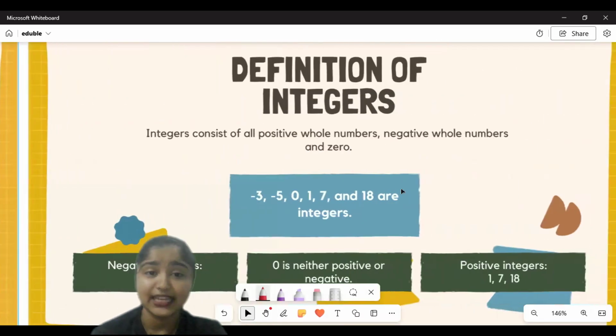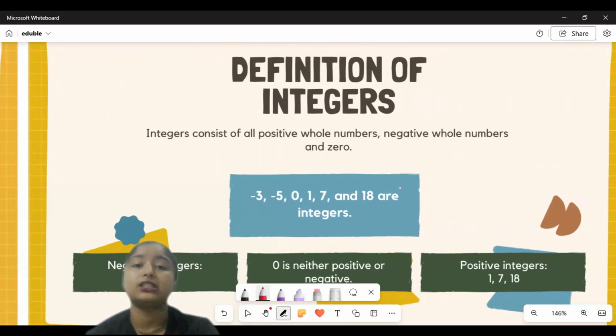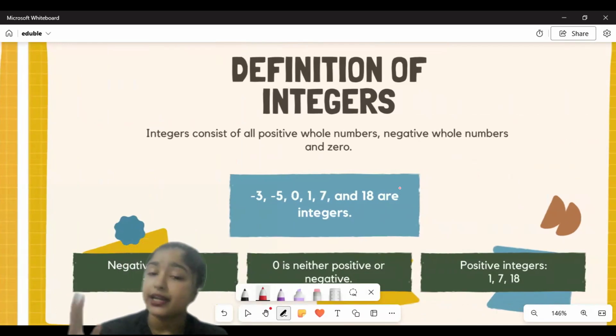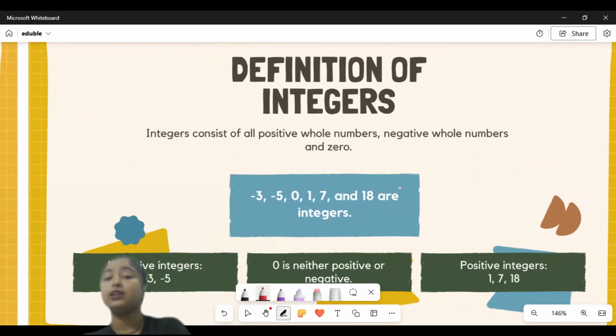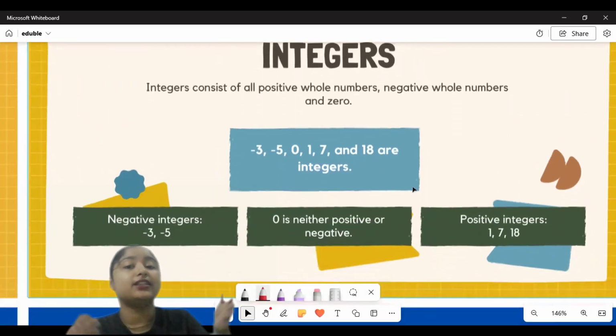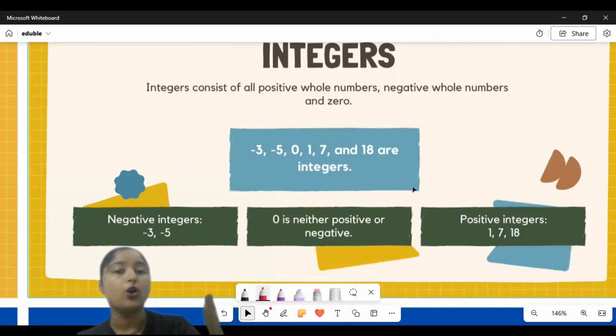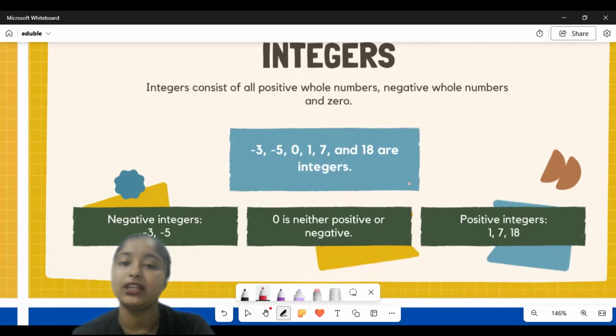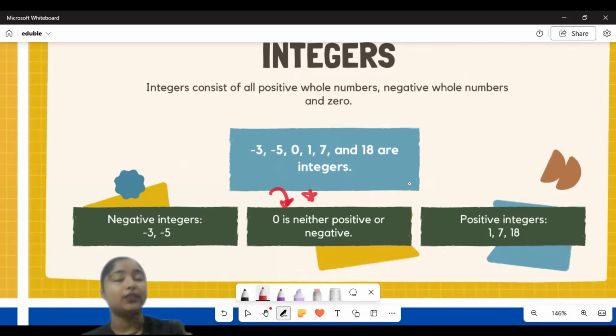Now we have already seen that it consists of positive whole numbers, negative whole numbers, and zero. But the key point to note here is that zero is neither positive nor negative. This is an important key point to remember: negative integers are there, positive integers are there, and then there is zero.